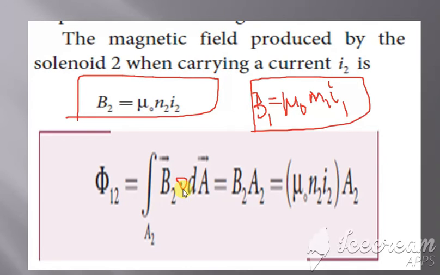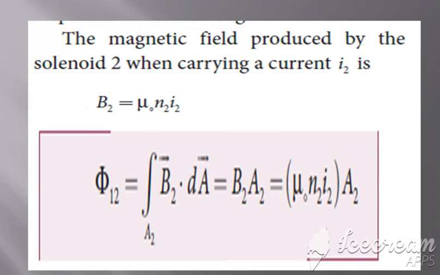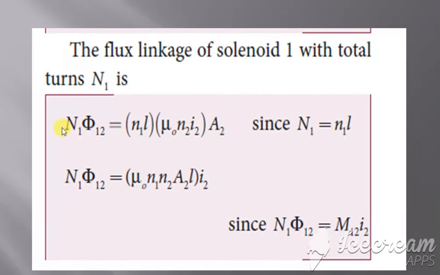Now to remove this dot product, the cos value is 1, and so we are writing B2 into A2. Now substitute the value of B2 here, so we get mu naught n2 I2 into A2. The next thing we do is find the value of the total flux. Total flux is equal to the number of turns into this, so N1 into phi 12.